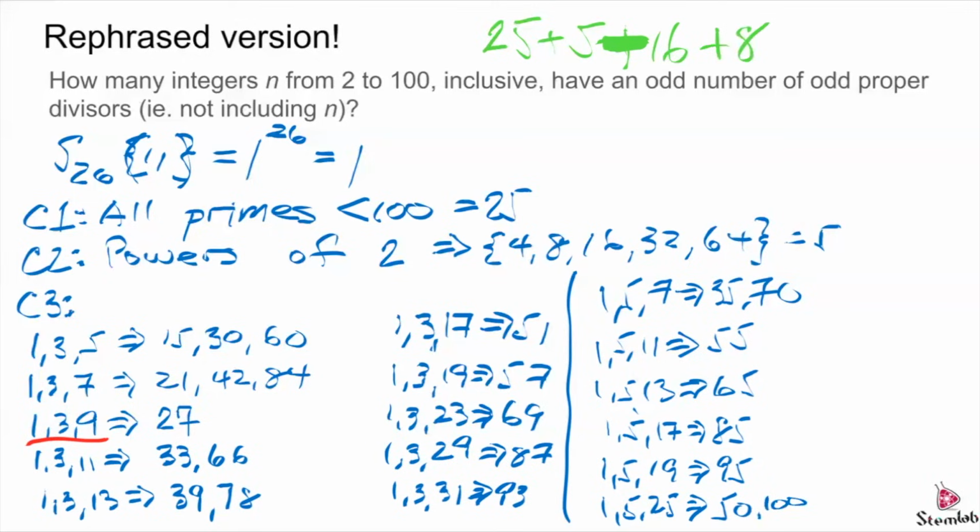And then we're only left with one more general case, which is 1 and 7. 1, 7, 11, which gives us 77. And then 1, 7, 13, which gives us 91. And lastly, the square.